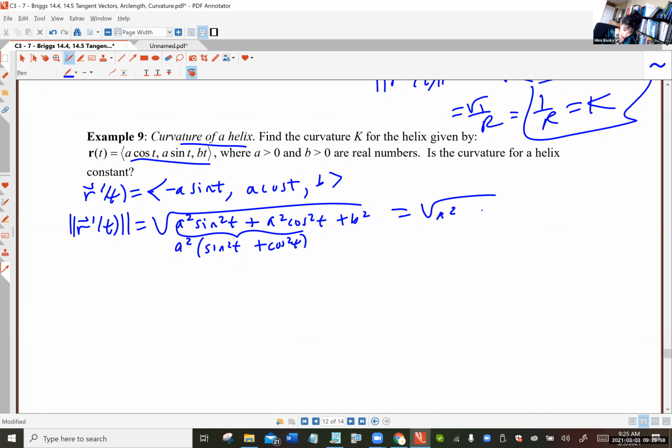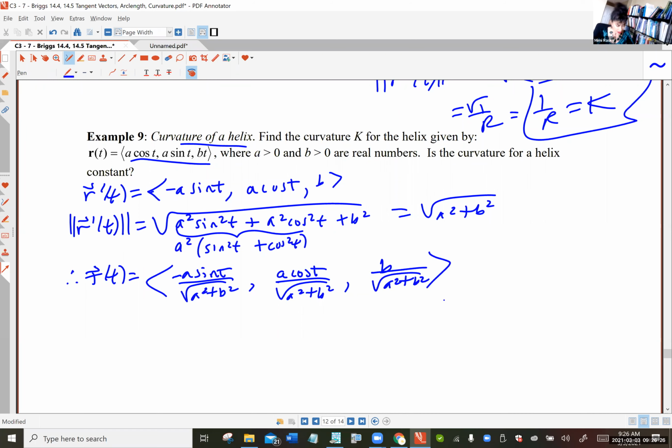Fine. Therefore, your unit tangent vector is going to be the unitized derivative. It's a positive a cos all over this magnitude, and then the b all over the magnitude. Okay, and now you've got to go get big T prime.